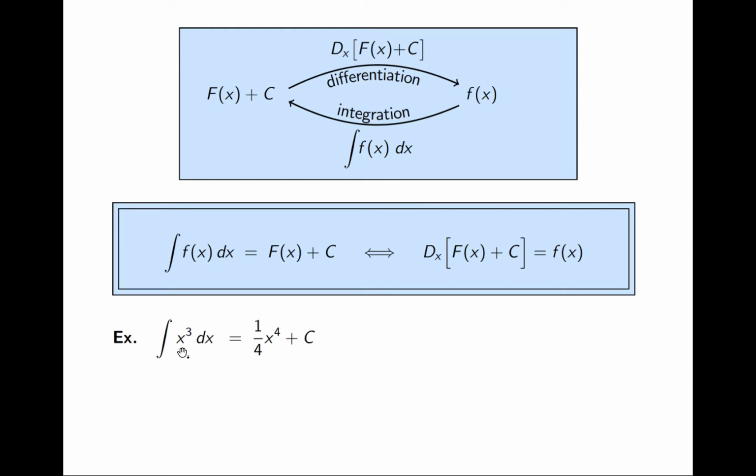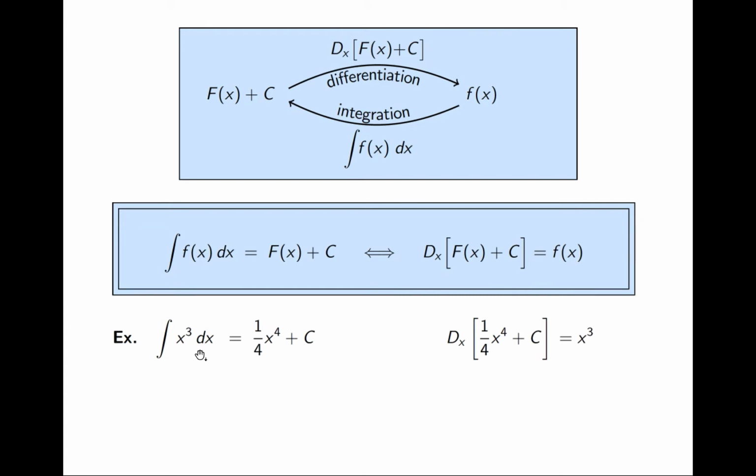The integral of x cubed dx equals 1/4 x to the fourth plus c. The reason being is that if you differentiate this, the derivative of 1/4 x to the fourth plus c, you get the x cubed. So you see how this and this are connected.